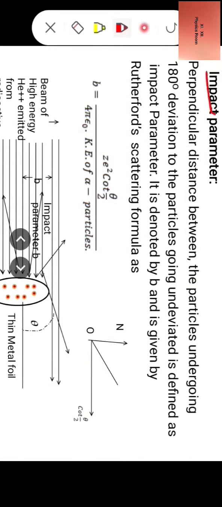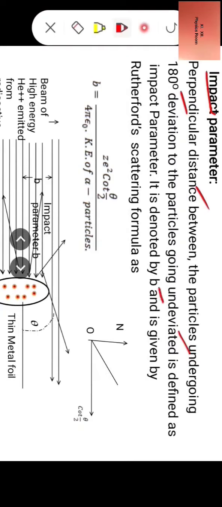Now we come across a term, impact parameter. What is impact parameter? We are to define it. Perpendicular distance between the particles undergoing 180-degree deviation to the particles going undeviated is defined as impact parameter.